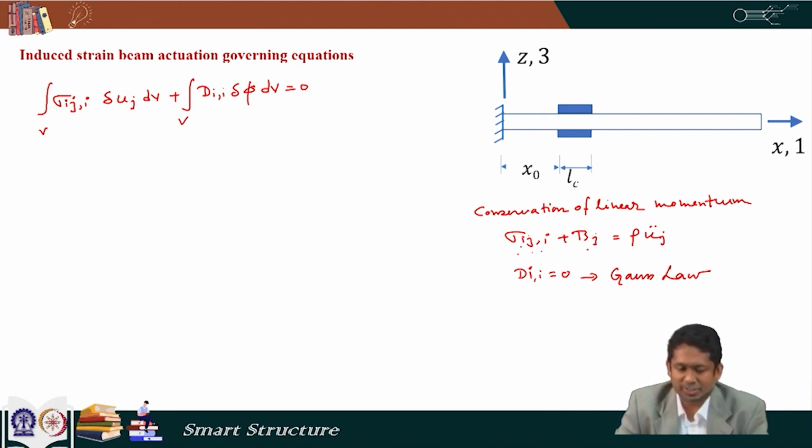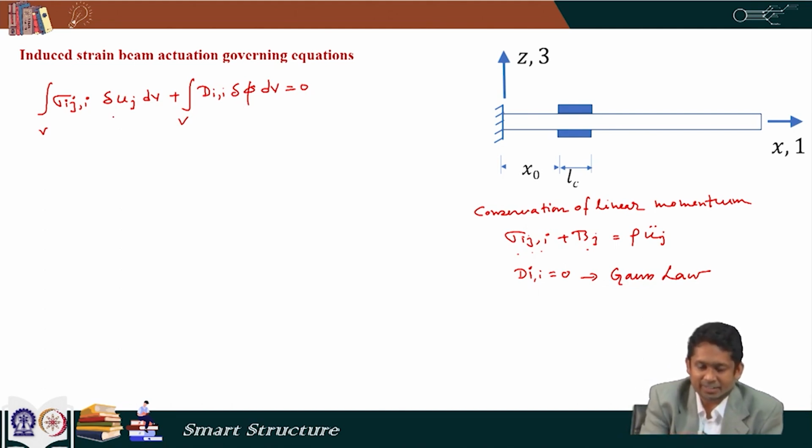So, the first equation, which is the conservation of linear momentum, sigma ij comma i equal to 0, I multiply that with the variation of displacement, and Di comma i I multiply with the variation of the potential, and then add these, we get this, and then we set it equal to 0.